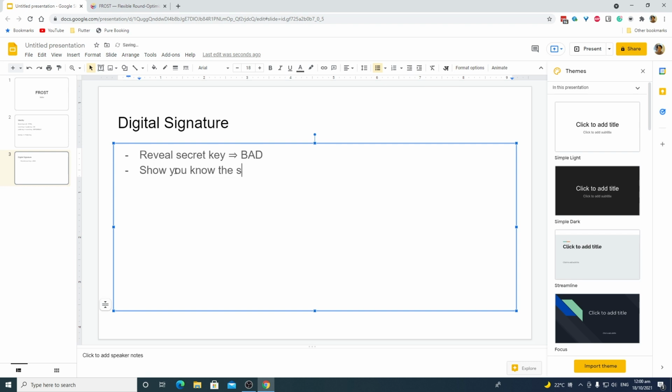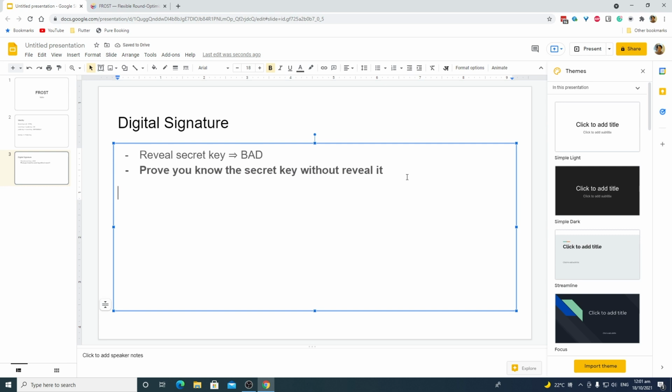So the idea of a digital signature is to show that you know the secret key, but without giving that information to the person that receives the proof. So prove you know the secret key without revealing it.